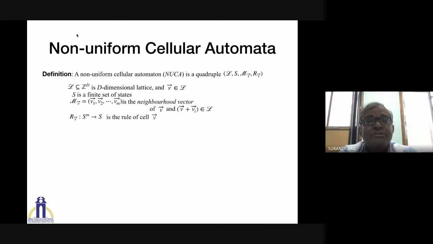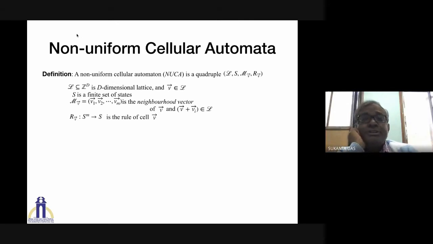Here V is an element of L. And for each V, for each cell actually, V here is a cell, we have a neighborhood vector and a rule.